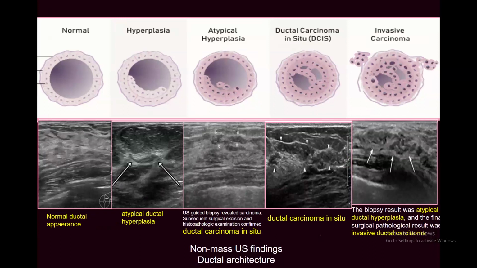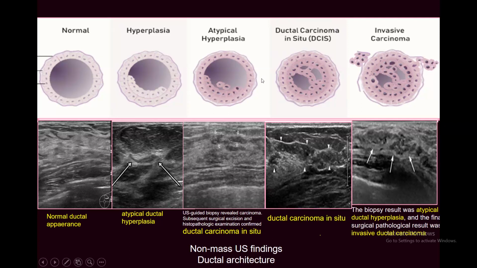Here we can see a normal duct, hyperplasia, an abnormal duct but still benign cells.